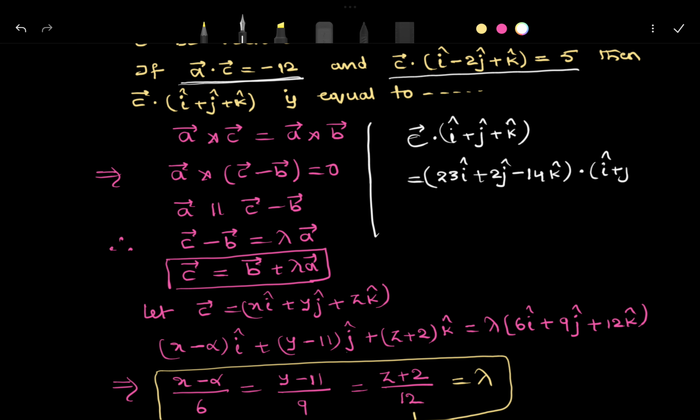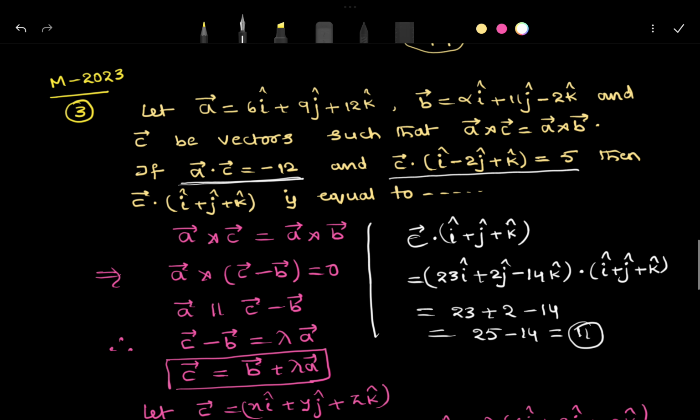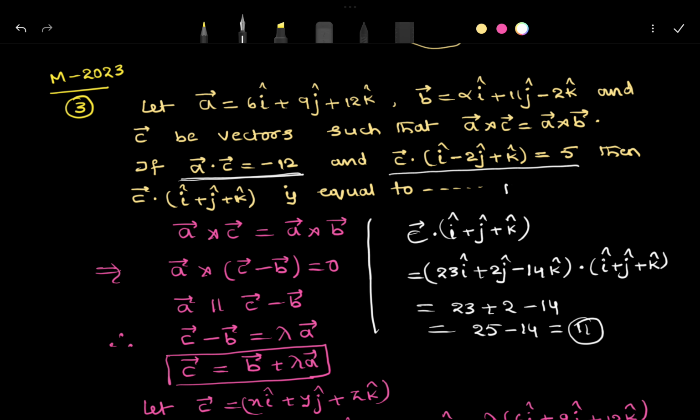Now if you do the dot product, this value will be equal to 23 plus 2 minus 14, that is equal to 25 minus 14. 25 minus 14 is equal to what? 11 is the answer. I hope that you understand, 11 is the correct answer.